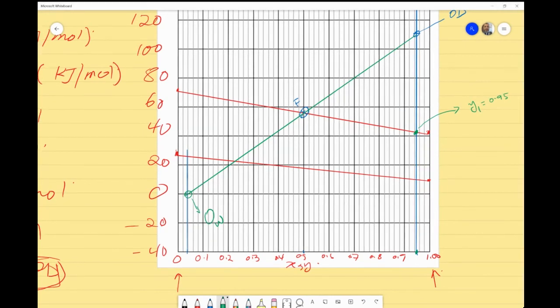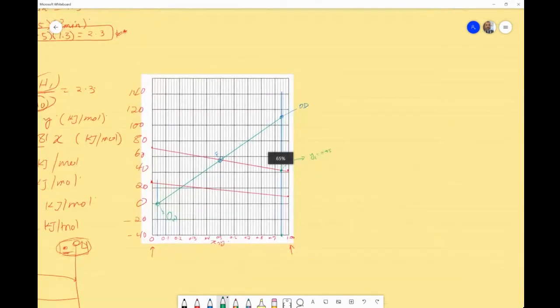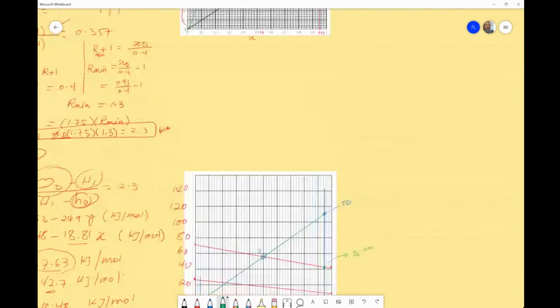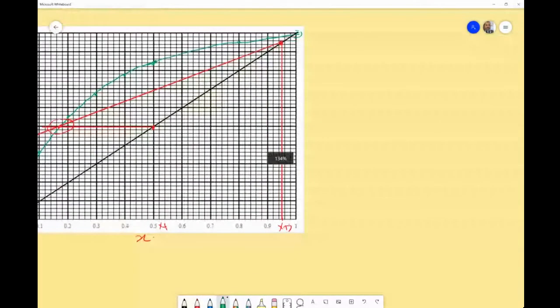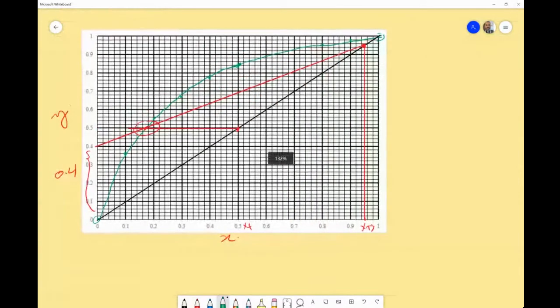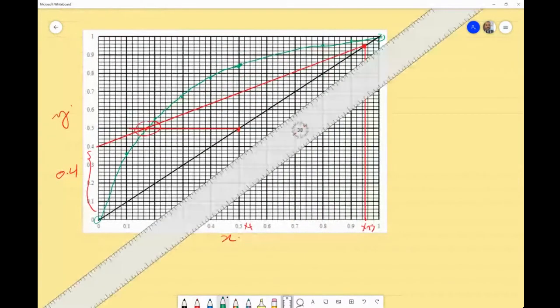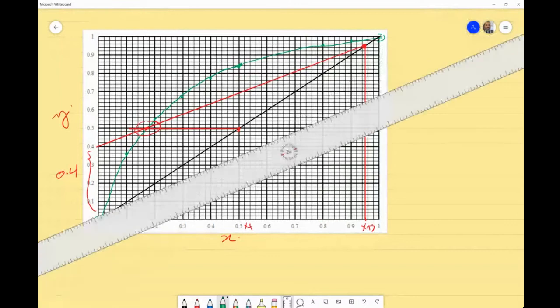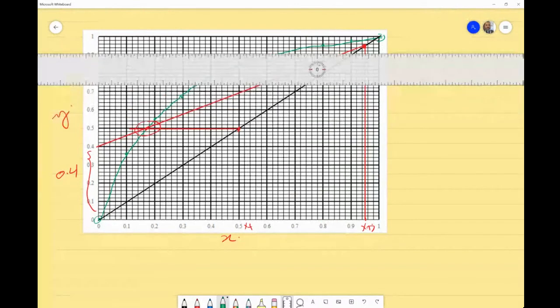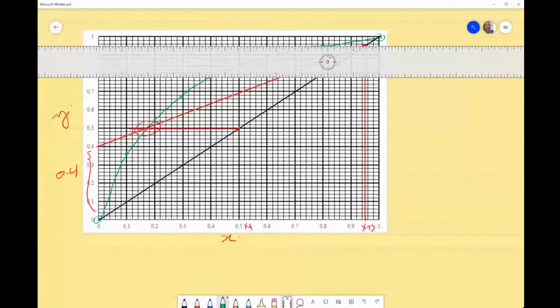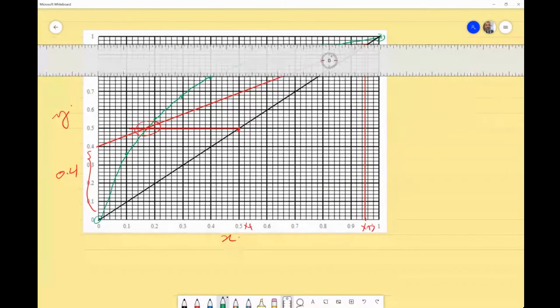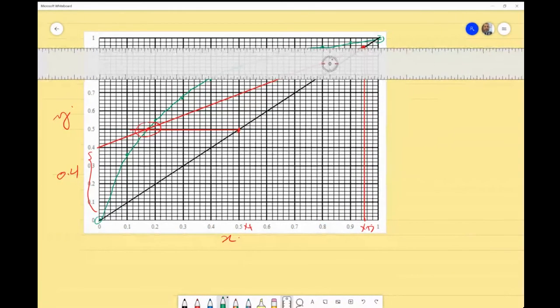So what I do, I go back to my graph here, and I say, okay, when my Y is 0.95, which is going to be somewhere here, this is 0.294. Yeah, it's gonna be somewhere here. Approximately, if you are good.